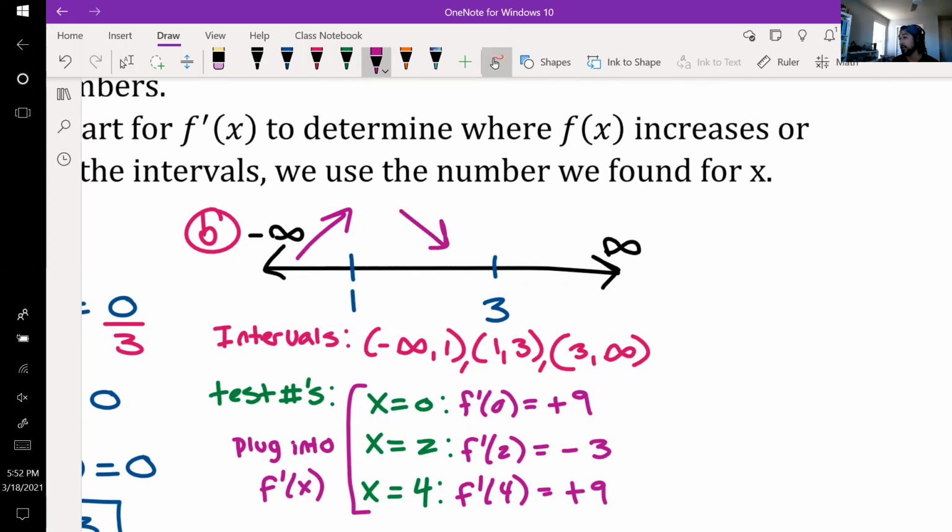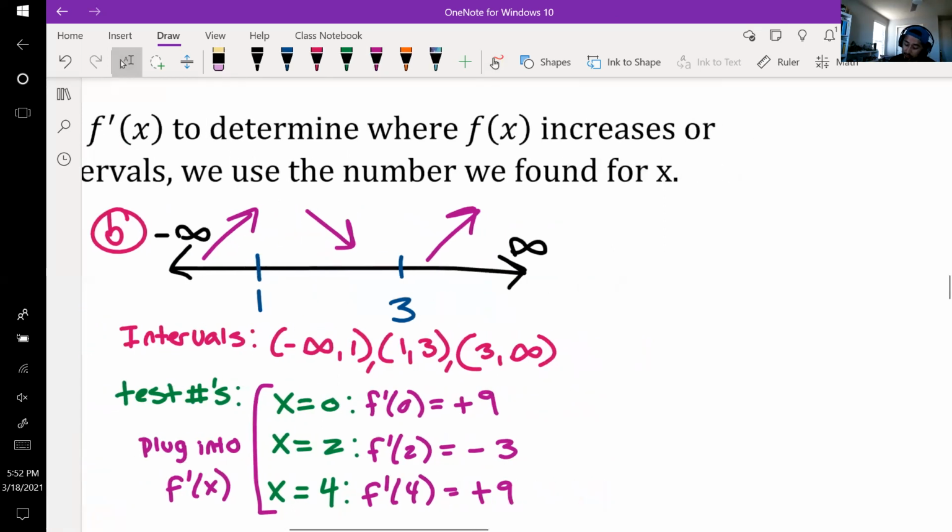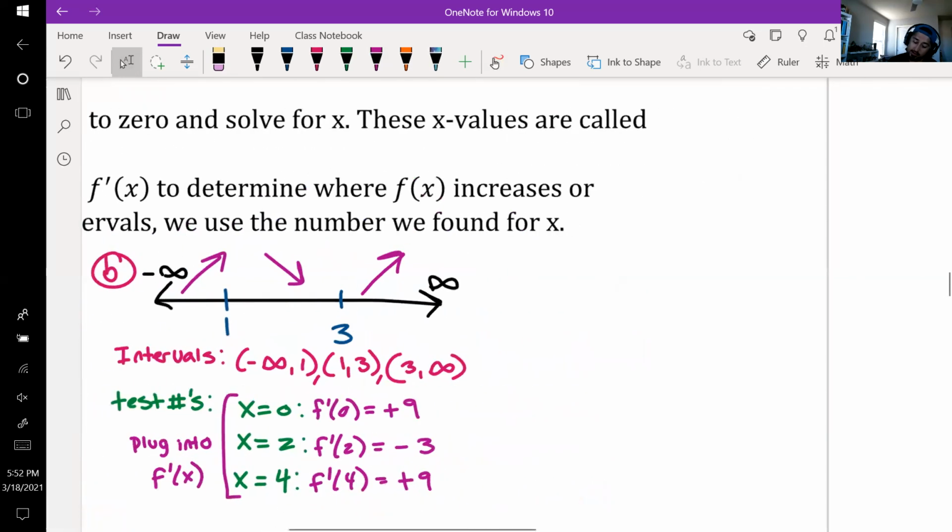So you will be decreasing. And then last, we picked 4, which is a number between 3 and infinity. And no matter what number you choose between 3 and infinity, the outcome will always be positive, which means we are always increasing.